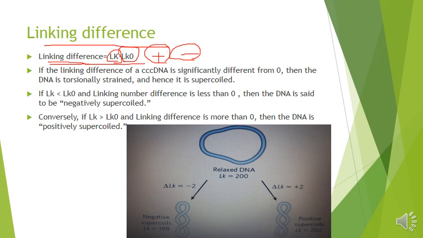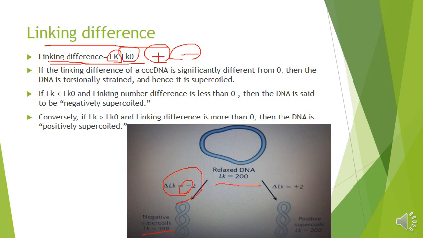You can see that this DNA is relaxed, and the linking number, LK0, is equal to 200. But in this DNA, which is negatively supercoiled, the linking number is 198. That will produce a linking difference with a negative value, so it is negatively supercoiled.